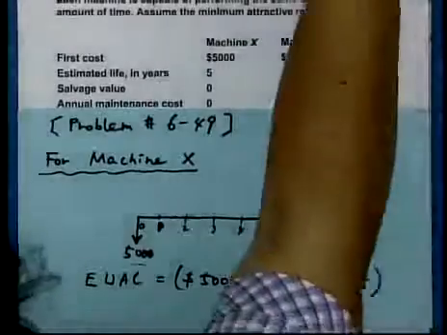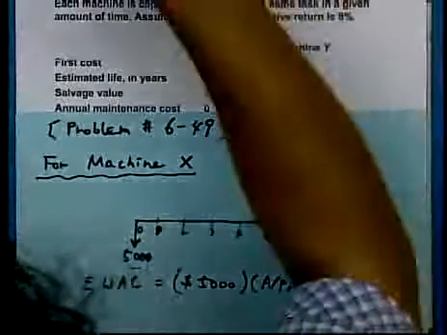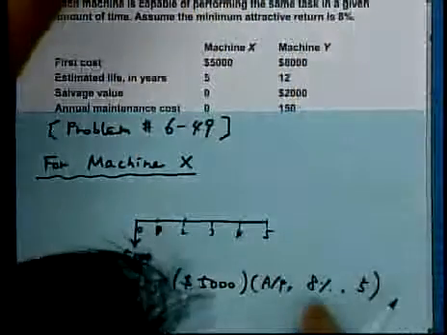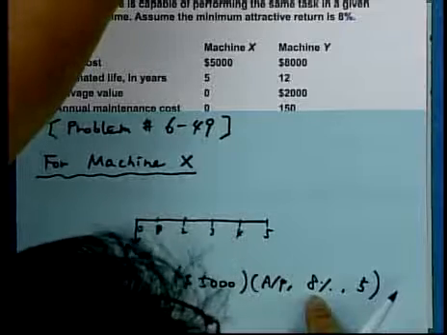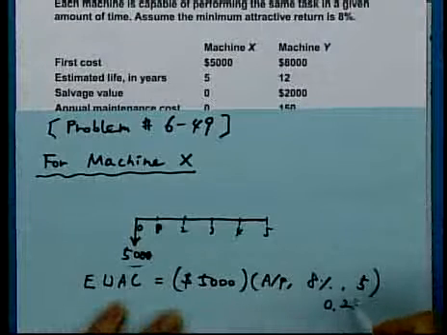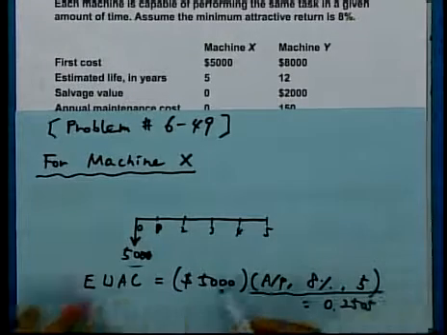So how much is this? 8% A given P over 5 periods is 0.2505. So how much is that?